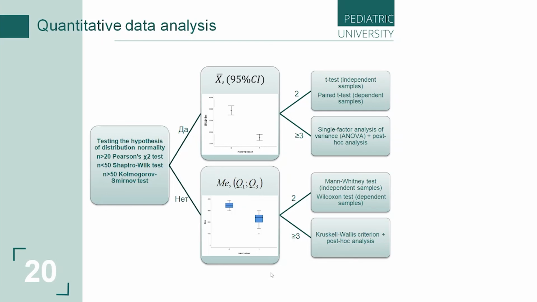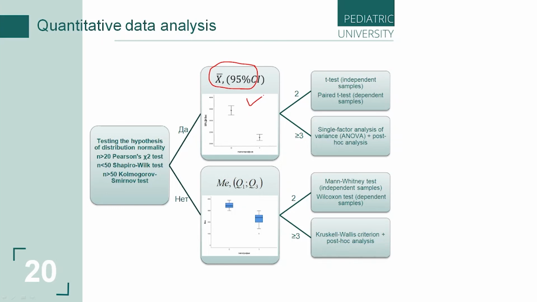If we have a normal distribution law, we present our quantitative data in the form of the mean value and the 95% confidence interval, plus or minus the standard deviation, yeah? And after that, we can use a graph. We usually present a graph with error bars. This is a graph of the mean value with the confidence interval.